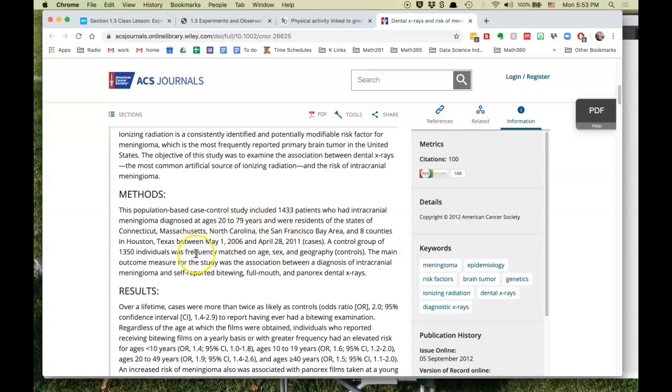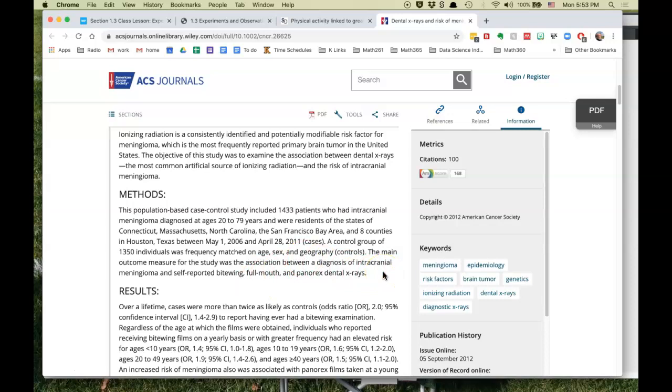A control group of 1,350 individuals was frequency matched on age, sex, and geography. The main outcome measure for the report was the association between a diagnosis of an intracranial meningioma and self-reported bitewing, full mouth, and Panorex dental x-rays.